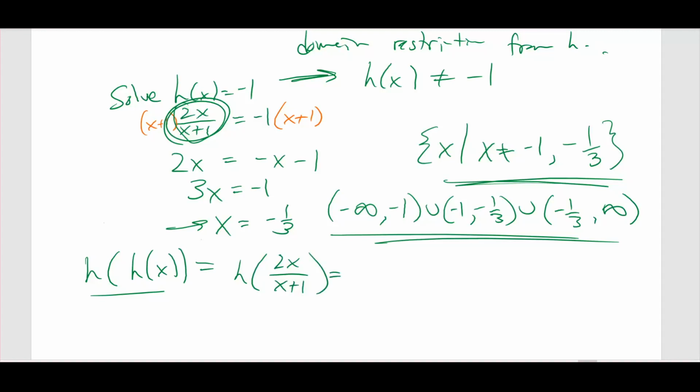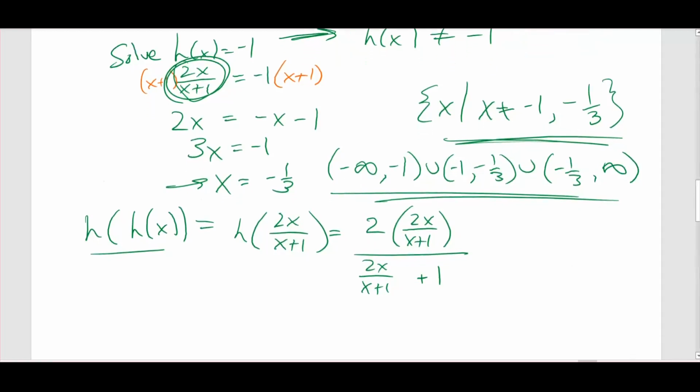Everywhere we see x in h, we're going to put h. Okay, that's great. Now it's a complex fraction, so we've got to simplify the complex fraction. We can multiply everything by x plus 1 over x plus 1, right? Because we know that x can't be -1.